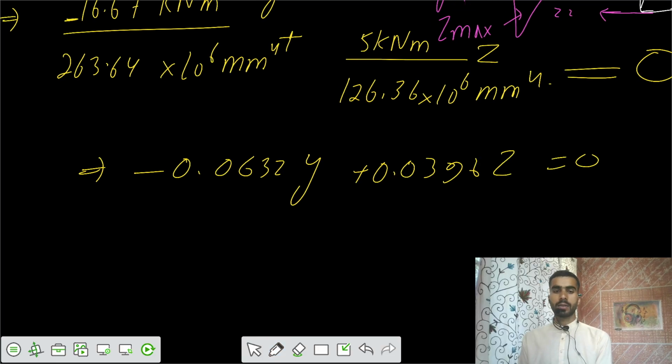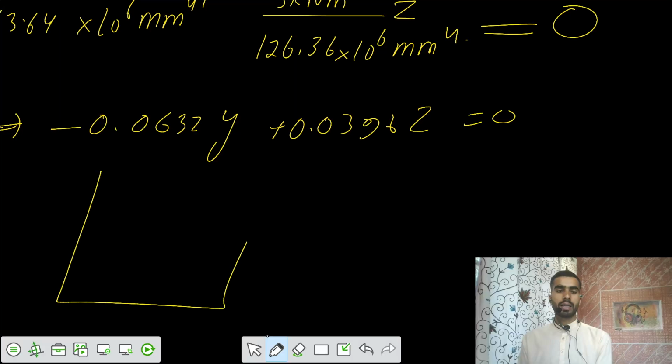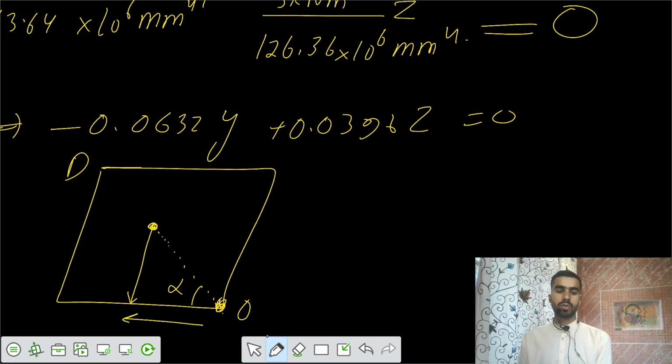If we say we have this corner D and this is the center O, or the centroid, let's say the point is somewhere here. The equation is a linear function of y and z, so there is a linear variation. Let's say this is alpha. We go to some value of z along the yy axis, and along the zz axis we go to some value of y.